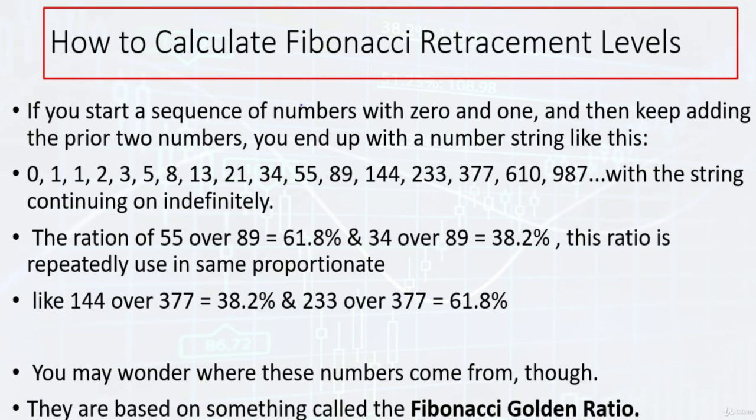You see the number 89 in this sequence series. If we divide 55 by 89, the ratio is 61.8%. If we divide 34 over 89, the ratio is 38.2%. In any sequence series, if you divide the previous number by the new number, the ratio is 61.8 and 38.2.